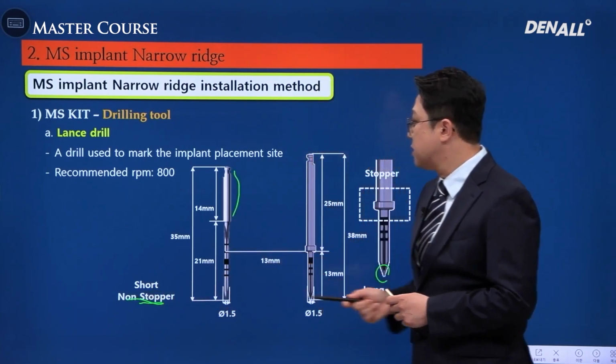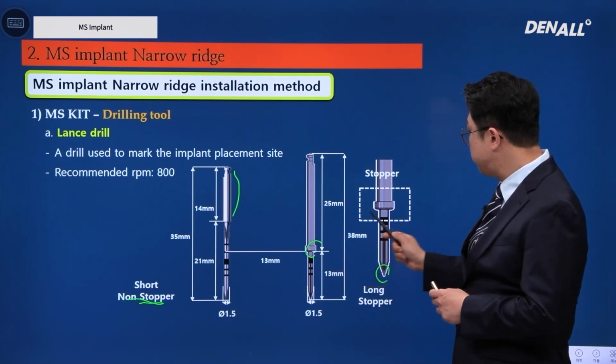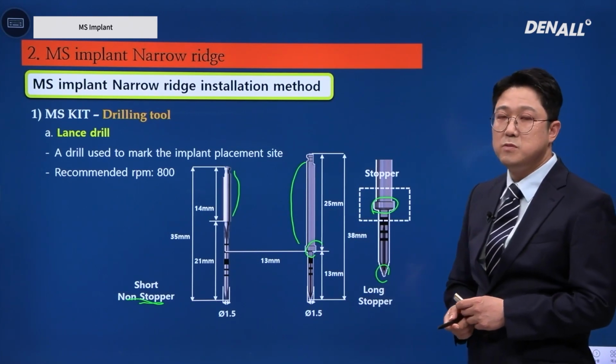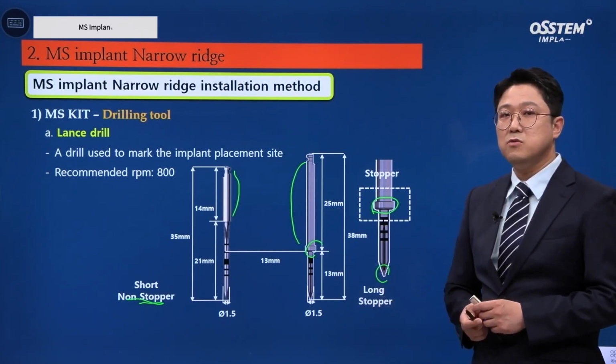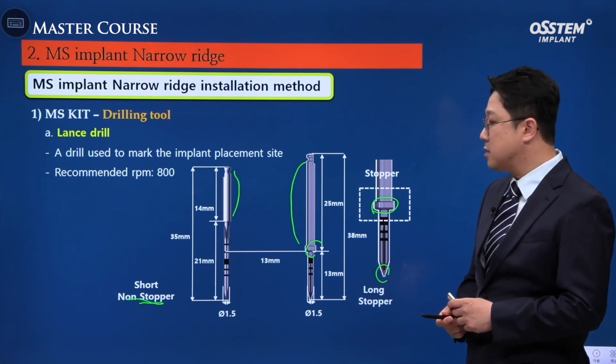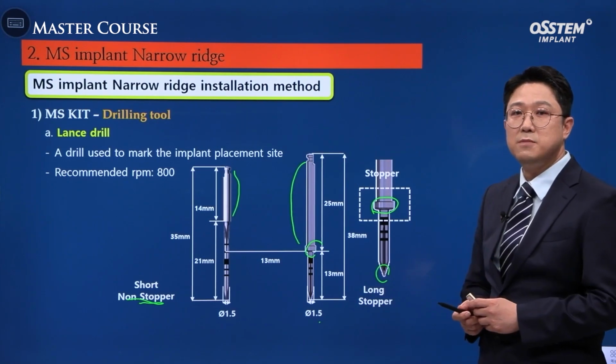There's no stopper, and shank is short here. And in this one, there is a stopper, and shank is longer. You can choose depending on your preferences. Those who do not have good eyesight prefer this kind of drill.